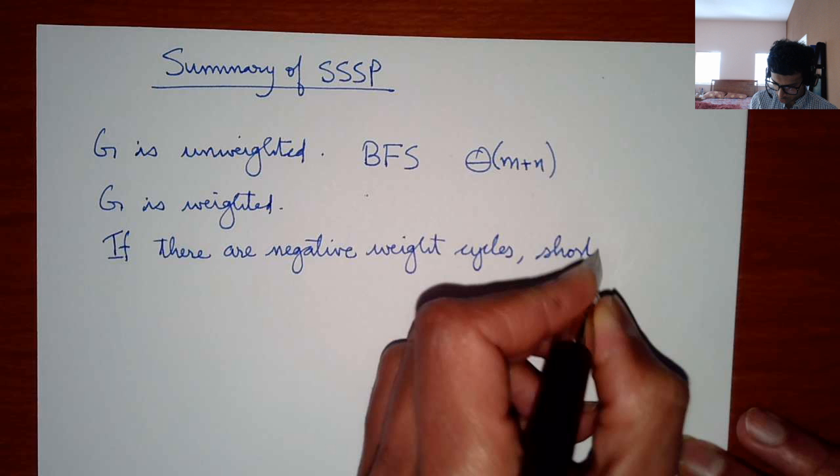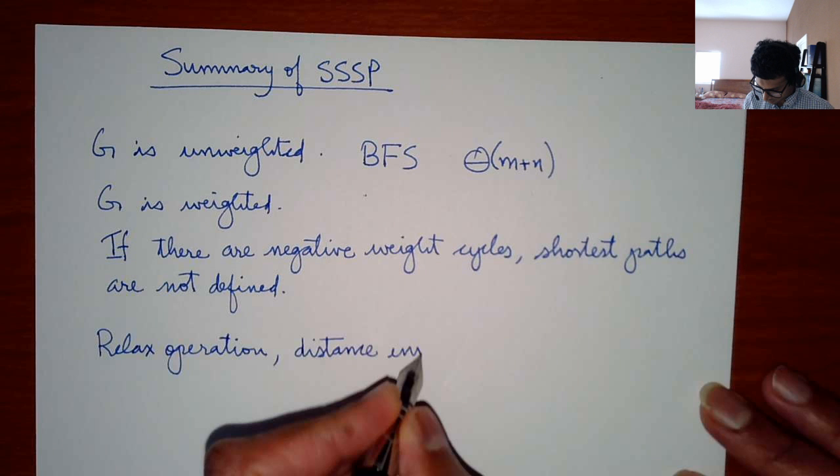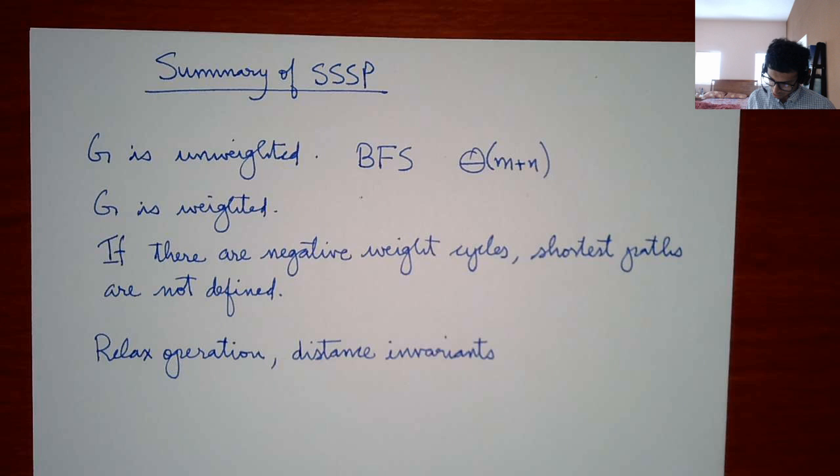So we defined the relax operation, and the distance invariance. So by the way, for the final test, which is test 5, which will be held at the time of the final, I will ask questions about shortest paths. So relax is a safe operation. It always preserves invariance.